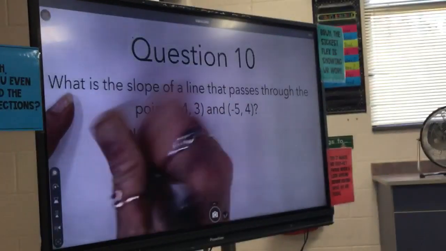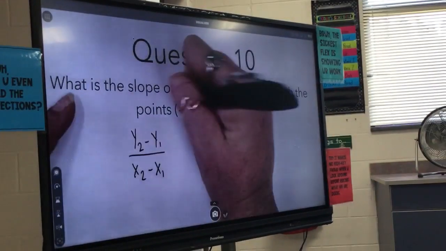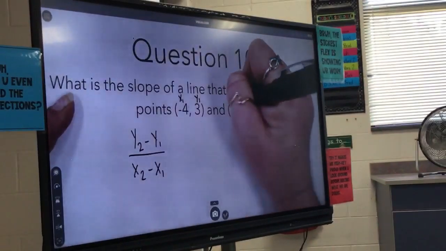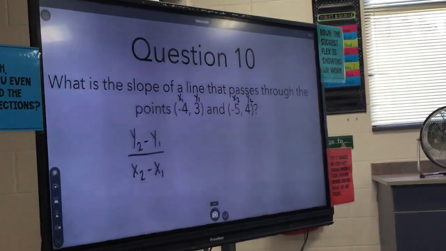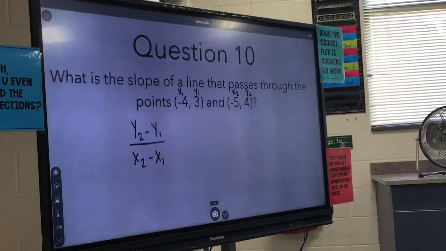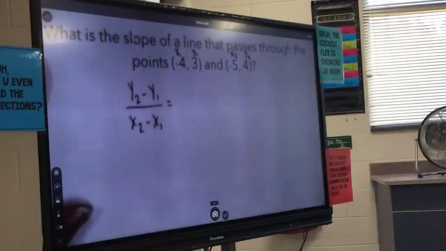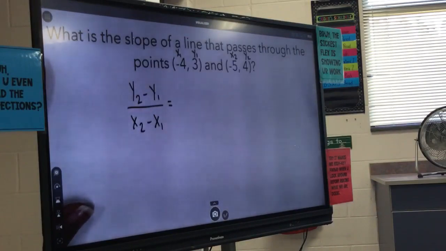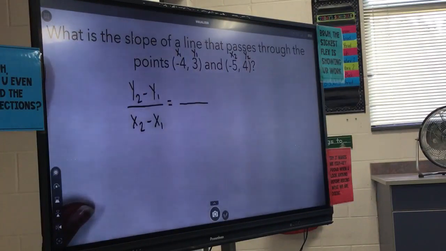We are going to practice this lovely equation. All right, so this is x1, this is y1, this is x2, y2. Please make sure you are copying this down so that you have this for tomorrow. All right, what two numbers are we going to put on the top? Brielle? 3 and 4.